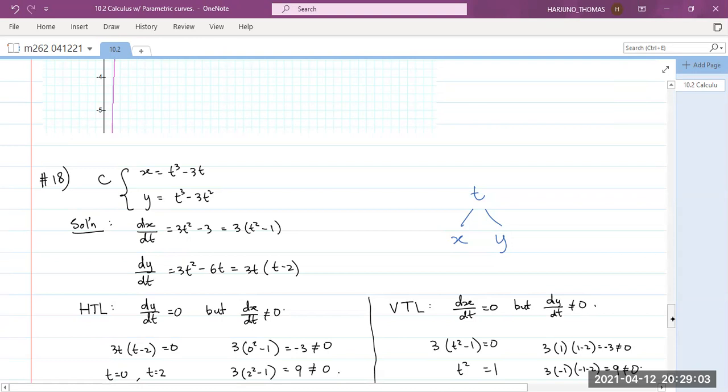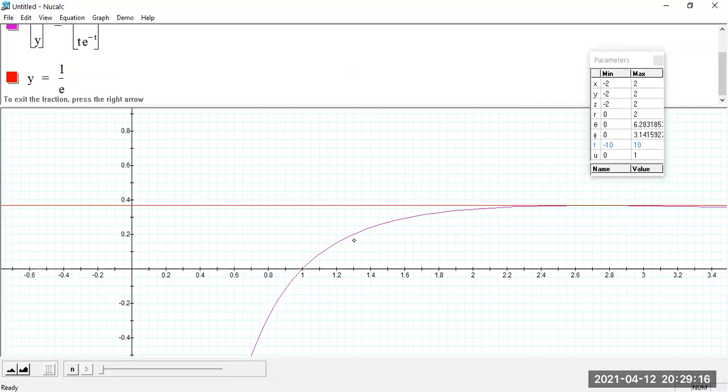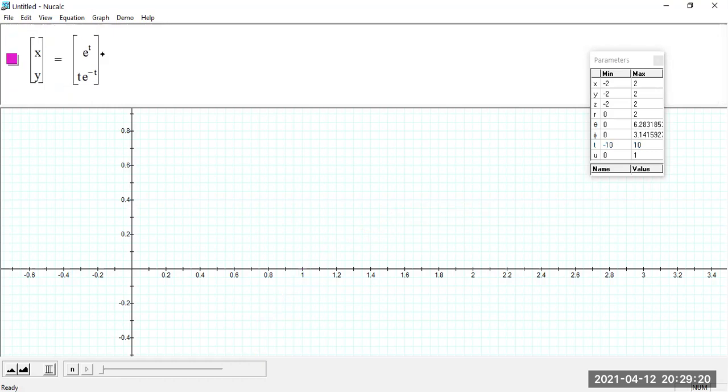We can say it this way. I'll do it later on. Let's take a look at the graph. Anybody can help me with the x? That's t cubed minus 3t, is it right?